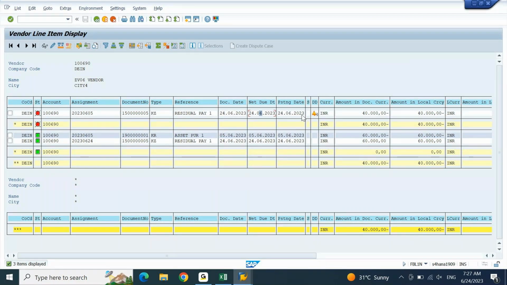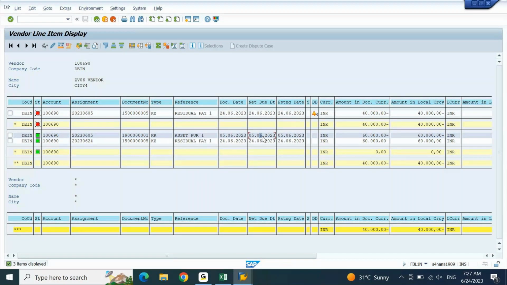Your original invoice was due on 5th June. Out of 60,000, how much did you pay? 20,000. Now the balance amount was 40,000. Is this 40,000 a new invoice or the same invoice? Same invoice.